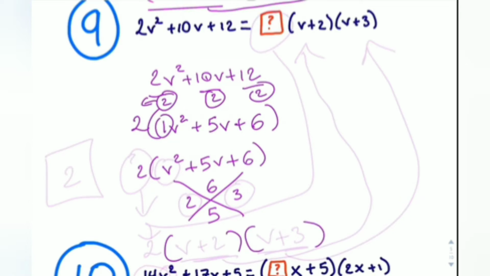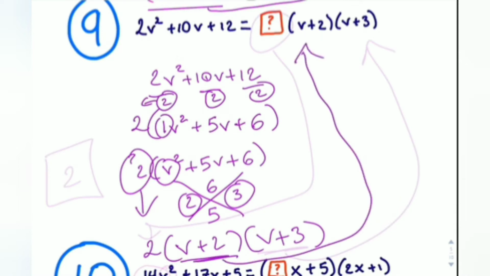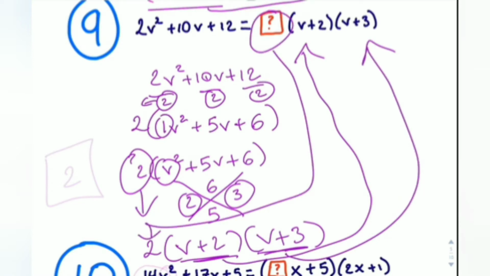We're using b. So b, so what is the first number? 2, so plus 2. Second number is plus 3. Okay, but don't forget about the 2. Okay, so the 2 goes on top. So b plus 2, it's right here. B plus 3, it's right here. So the number outside is 2. So our answer is 2.